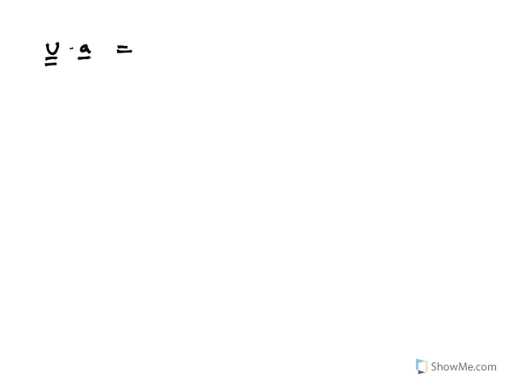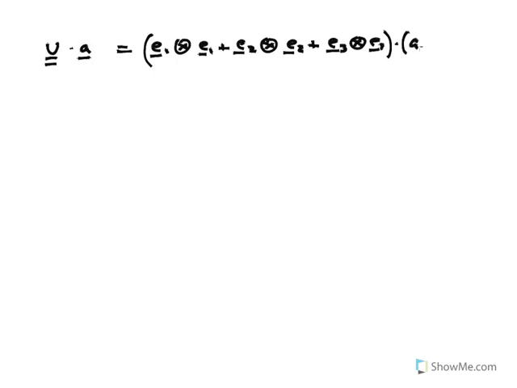What do I get? Well, I get E1 circle cross E1 plus E2 circle cross E2 plus E3 circle cross E3, and that whole thing is applied to A1 E1 plus A2 E2 plus A3 E3.